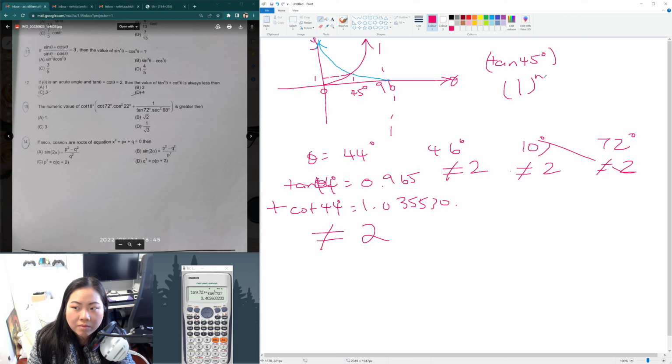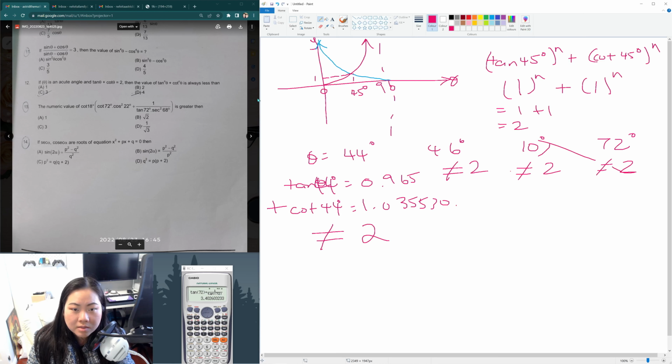Similarly, cot of 45 degrees to the power of whatever will still be 1, which is 2.